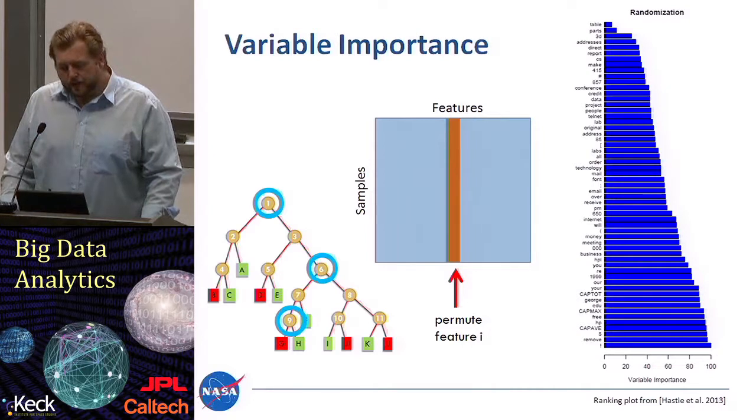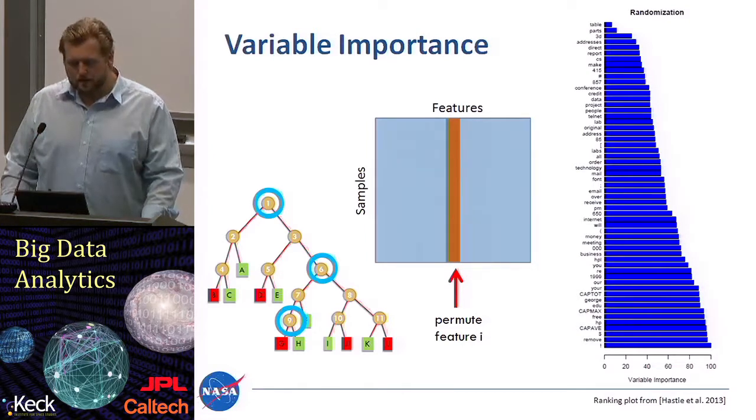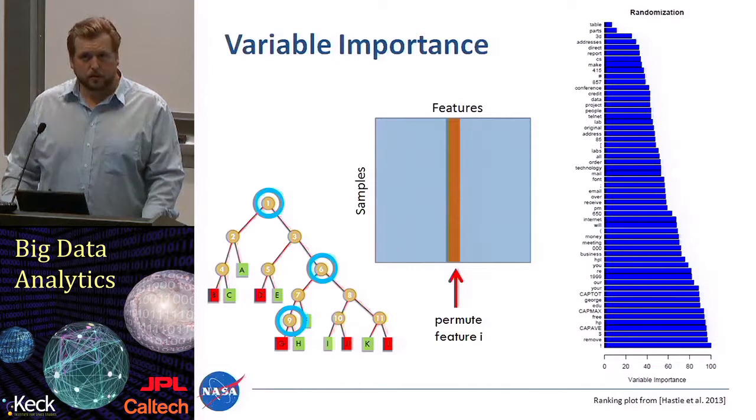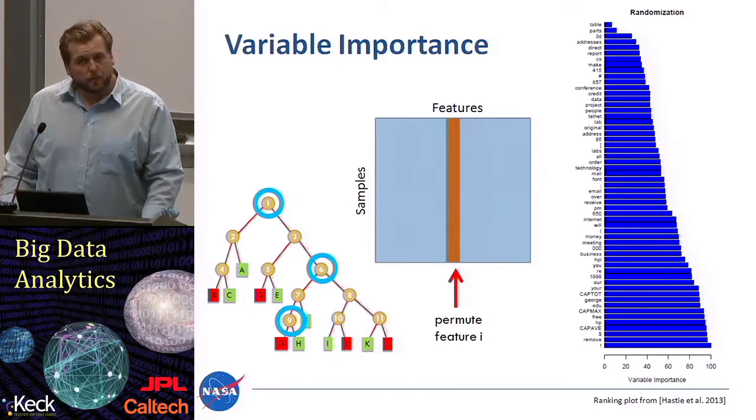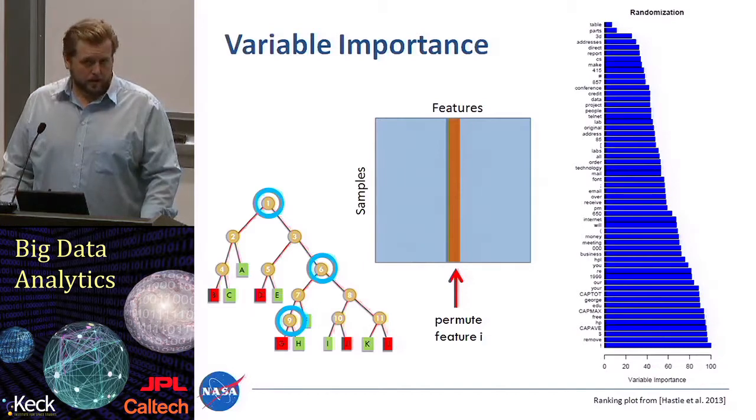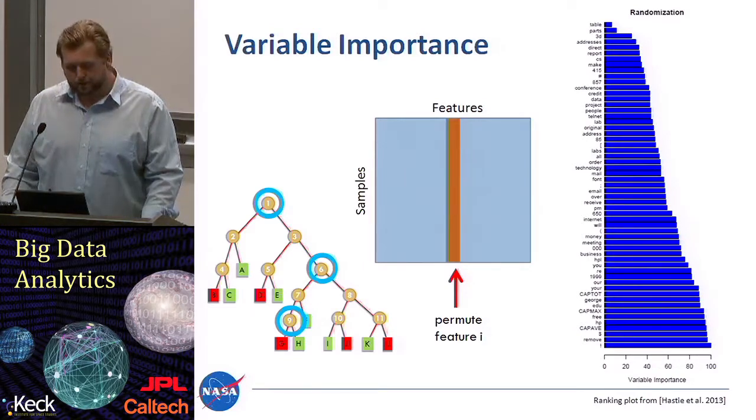So one of the intrinsic properties of random forest is the ability to measure how much various features actually contribute to the classification task. So how different features improve the prediction accuracy of these models.